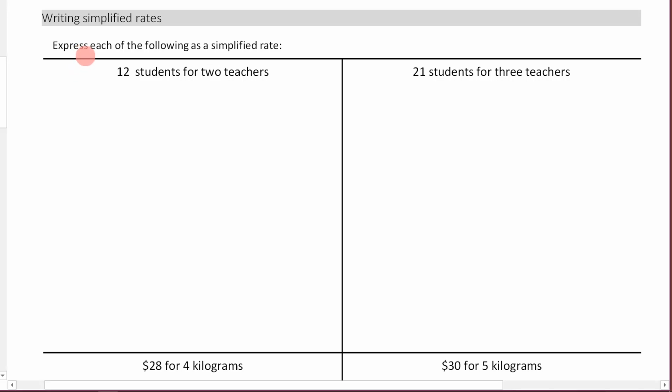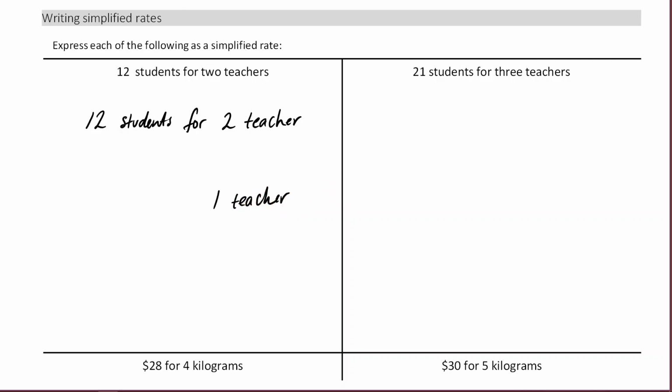Express each of the following as a simplified rate. 12 students for 2 teachers. Remember, to simplify a rate, I want this to be 1 teacher. So how do I go from 2 to 1? Hopefully everyone knows I'm going to divide by 2.